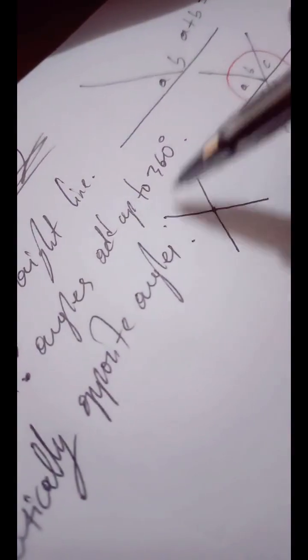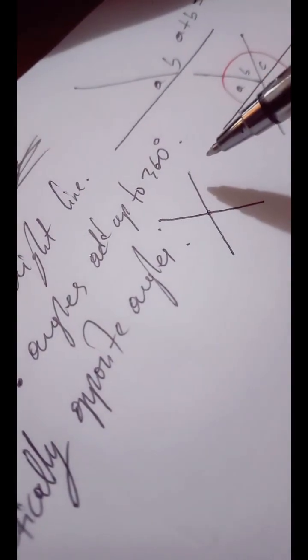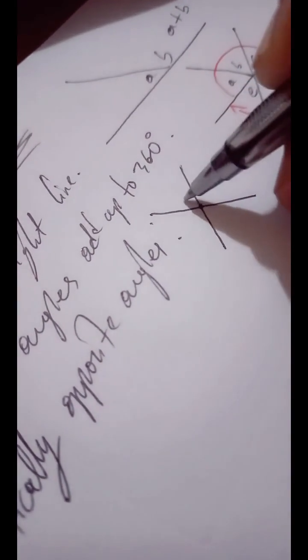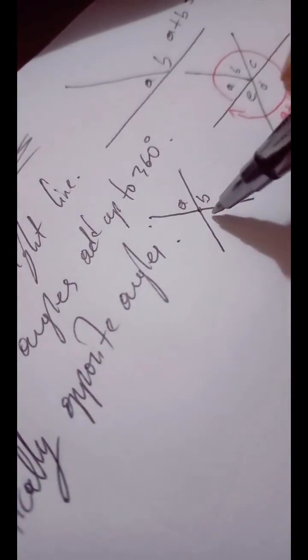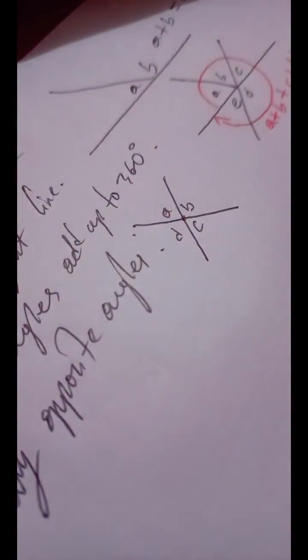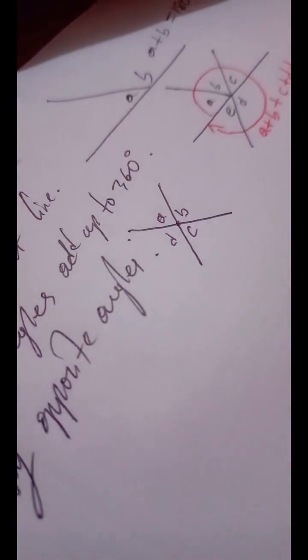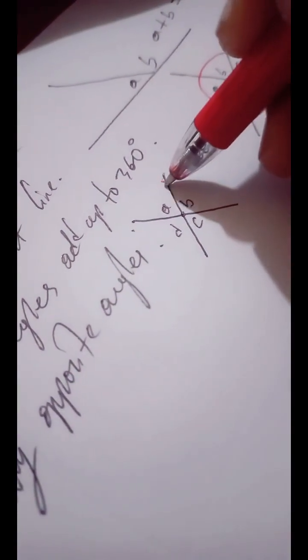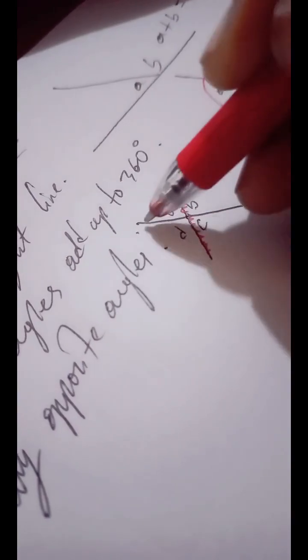Vertically opposite works with angles on an intersection. So A, B, C, D. This angle is vertically opposite to this angle.